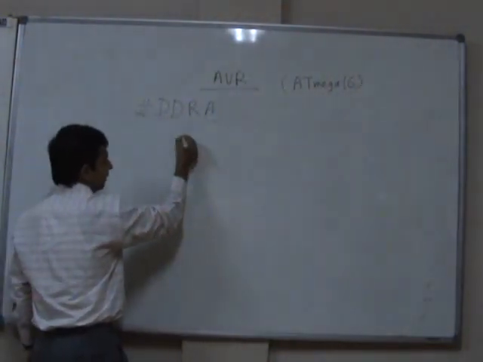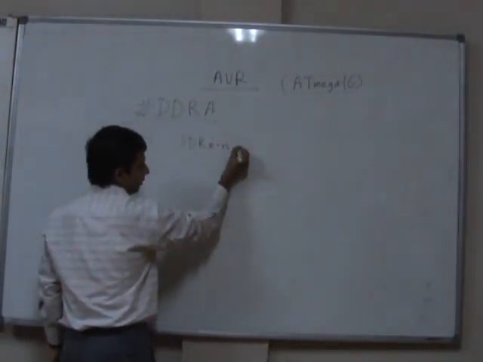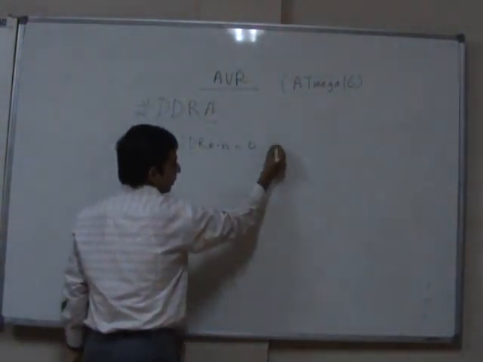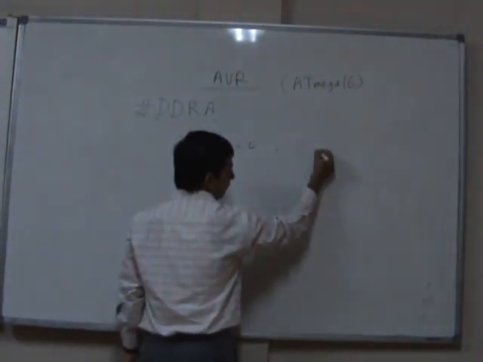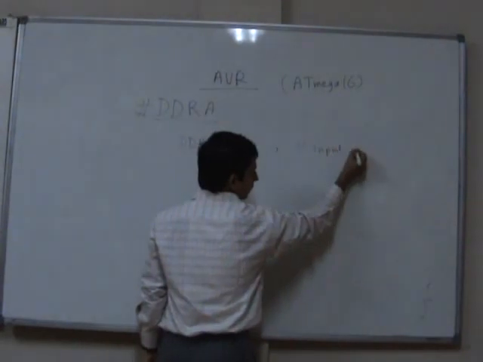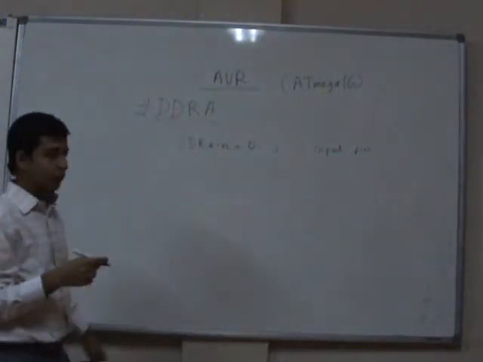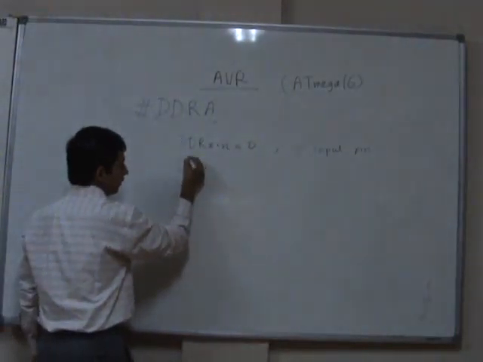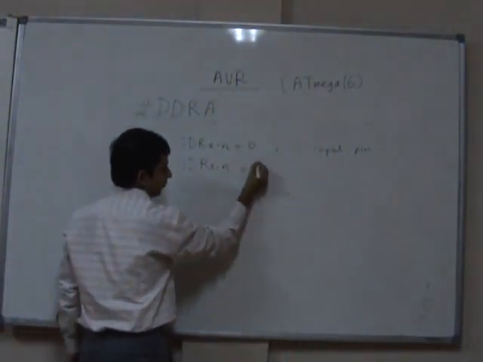Whenever you set DDRX.N equal to 0, that makes the corresponding port pin an input pin. And in order to configure a port pin as an output pin, you have to set DDRX.N to 1.